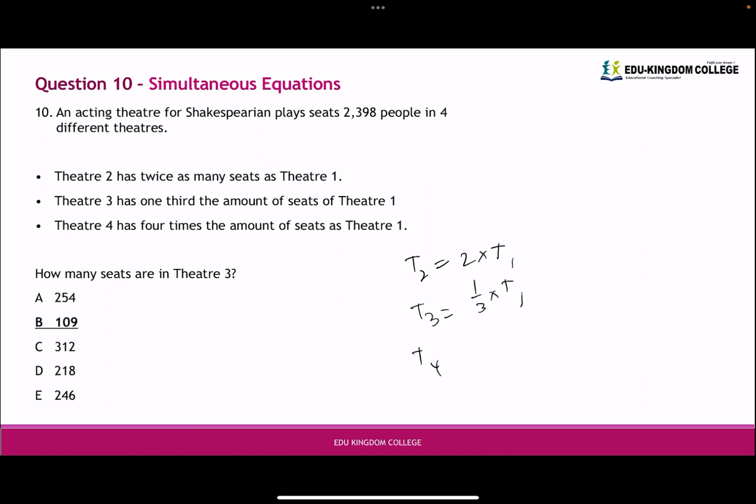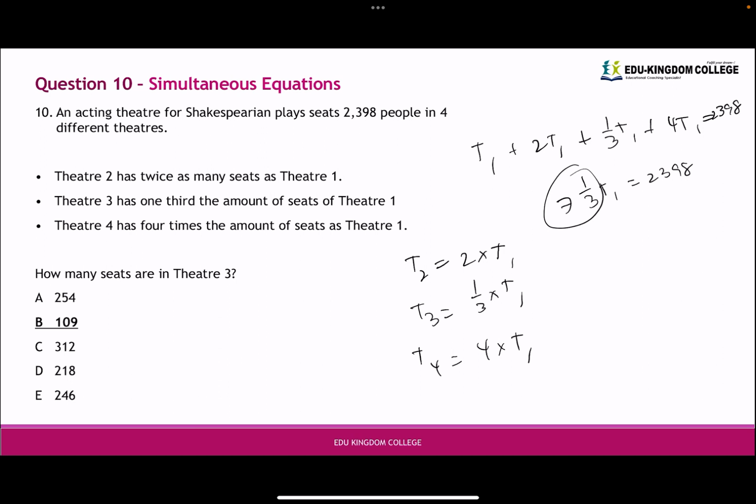And T4 has 4 times T1. Altogether, T1 plus T2, which is 2 times T1, plus T3, which is 1/3 T1, plus T4, which is 4 T1, equals 2,398 people. Add these all up and you get 7 and 1/3 T1 equals 2,398.